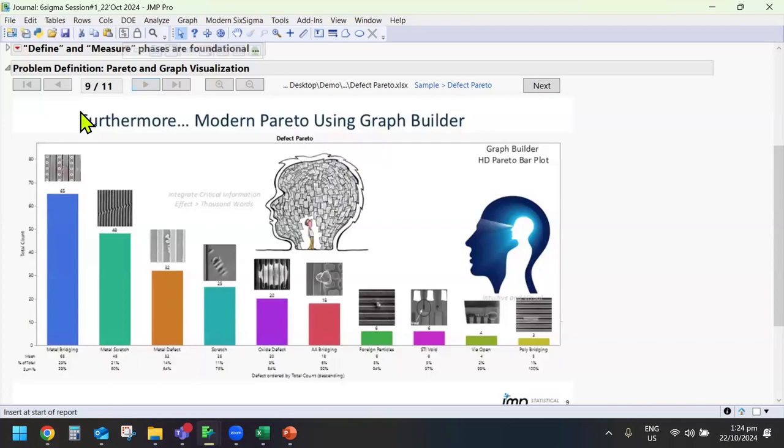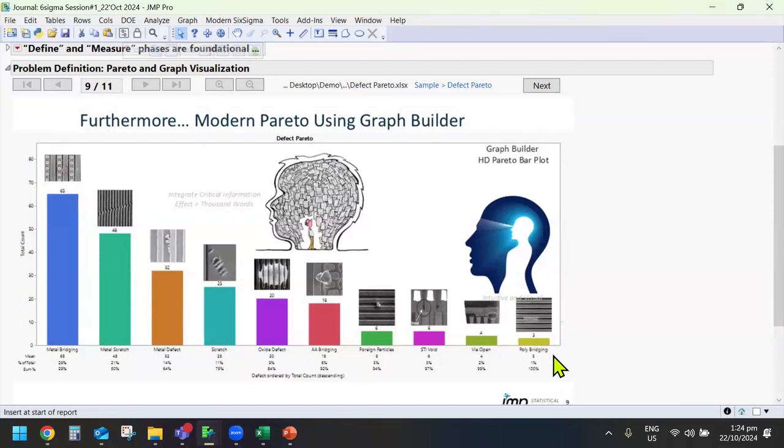Similarly, you can use our EDA, exploratory data analysis platform, which is the Graph Builder, to do a modern Pareto. So you can easily sort the sequence. Once you kill any of the defects, the picture will refresh. Why do I keep emphasizing this?